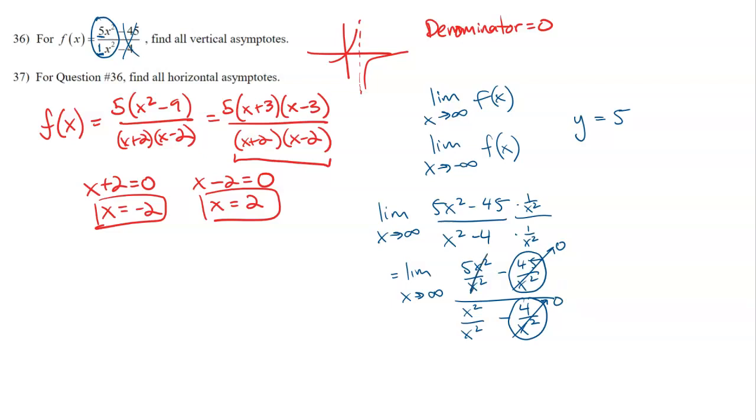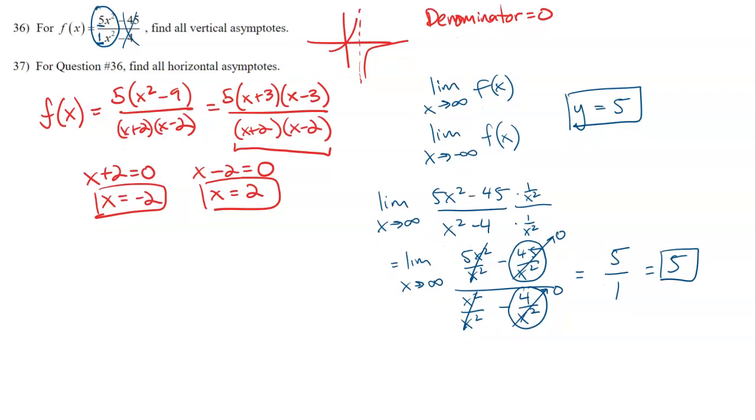And here, these are just going to cancel out. So we end up with a 5 in the numerator and a 1 in the denominator, which gives us just 5. As the equation of a line, we need a horizontal line, so it would be y equals 5.